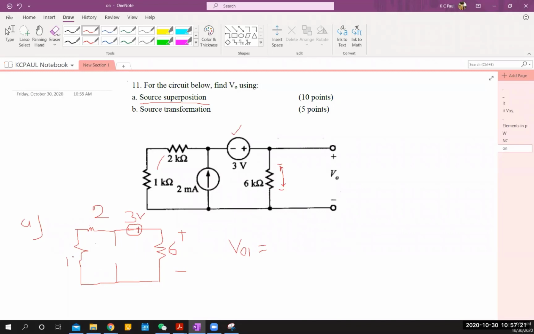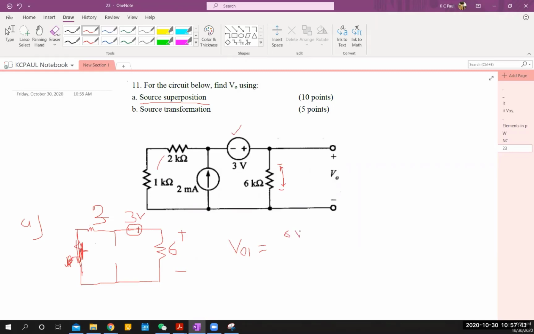Okay, 2 and 1 combined can make this branch like 3 ohm, right? Think about it. I'm just omitting this one, using this one. So nothing else here. Think about this as 3. Now you can apply the voltage divider rule. You are trying to find the voltage across 6.